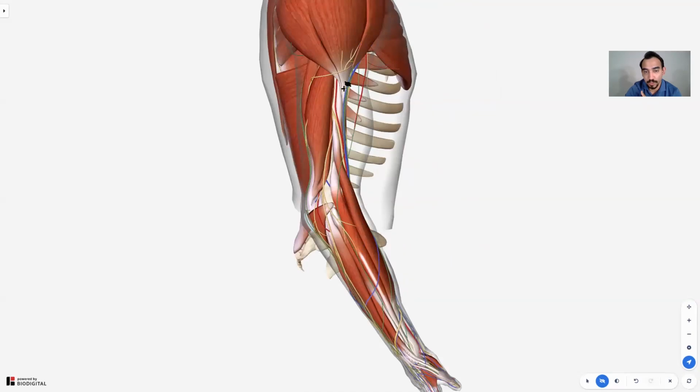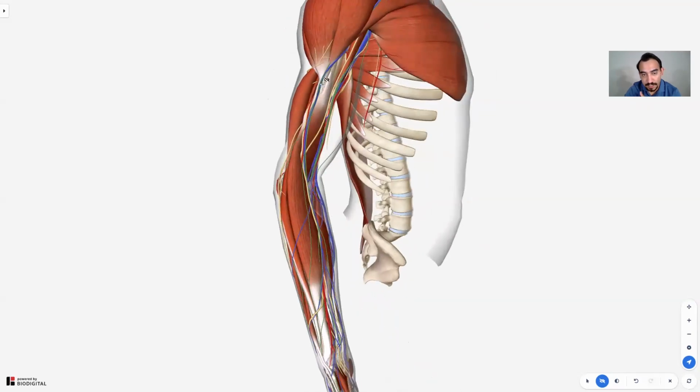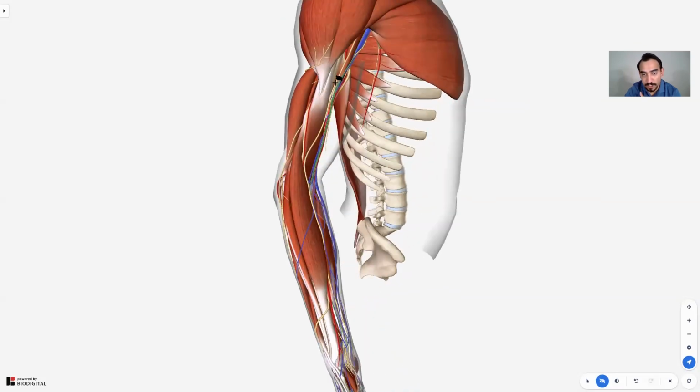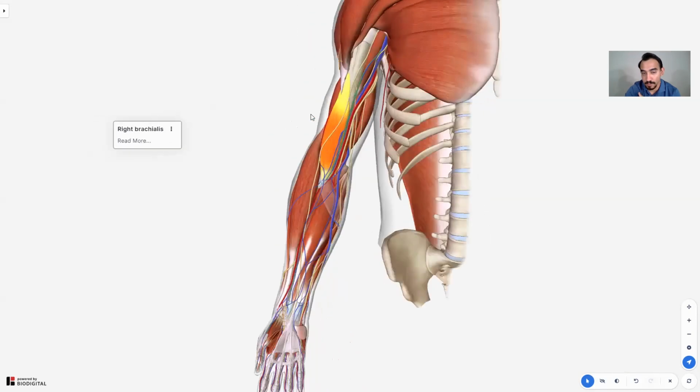So this is your deltoid fibers, and they are inserting here at the deltoid tuberosity. And next to the deltoid tuberosity, more medially, this one is your brachialis.